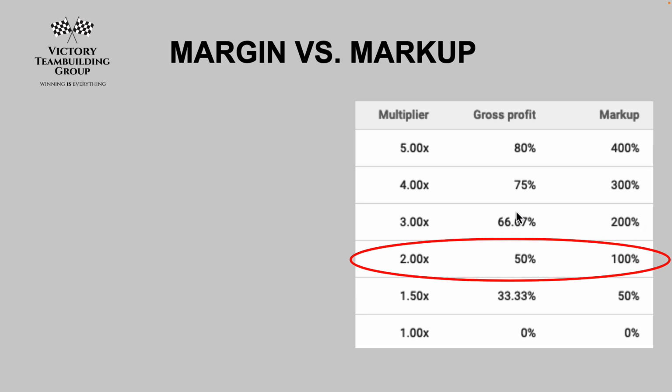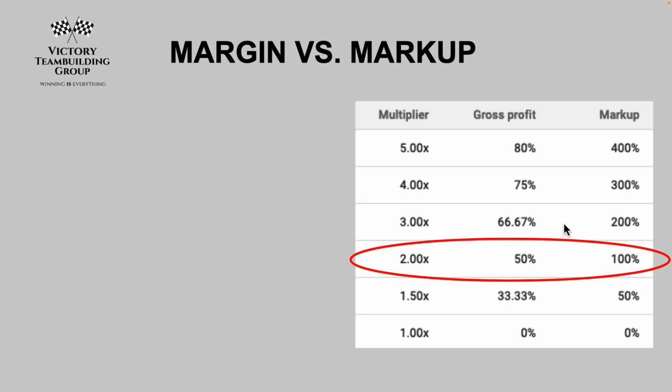Okay, so in this example, with our profit margin, 33.3% is our cost, the $100. 33.3% is our cost. And then we have 200% markup. So that's 66% of that is profit.